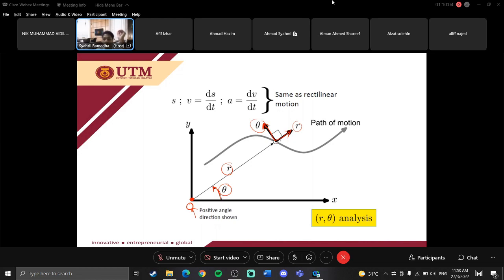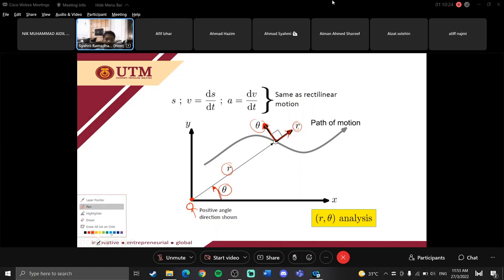Okay, for positive direction. So for R and theta analysis, you will have other parameters: V theta, VR, A theta, AR, that need to be found.